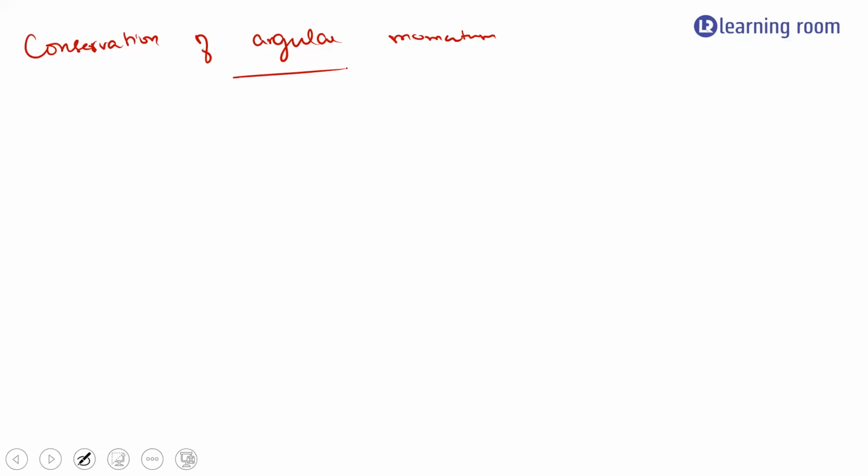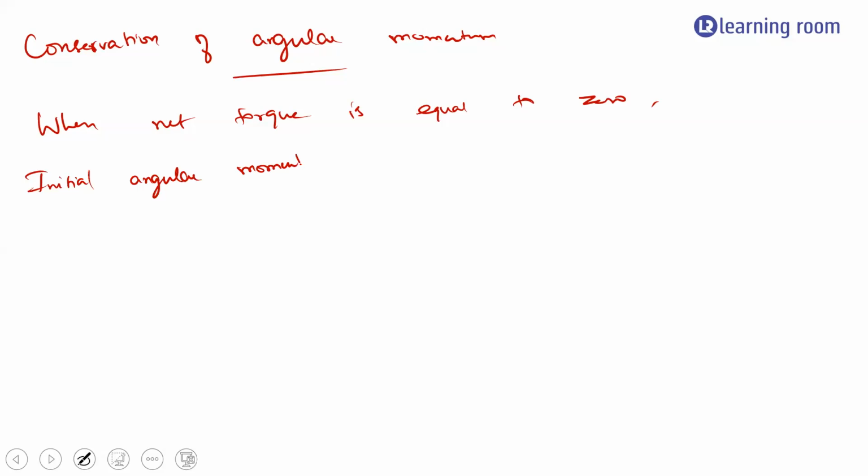Write it down. When net torque is equal to 0, initial angular momentum is equal to the final angular momentum. That's it.